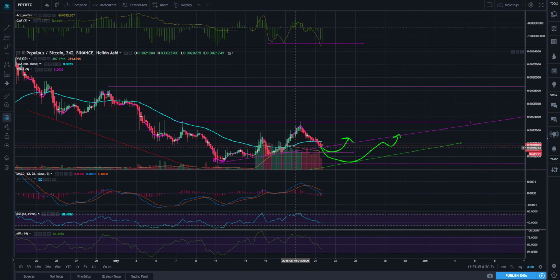So my expectation is that this coin is going to fall below that. But we do have support here at this line right here, which is at 18.6 satoshis. So I expect the coin to find new support here. If not, worst comes to worst, it goes to its previous support levels here at around 16,800 satoshis, and then it starts moving up.